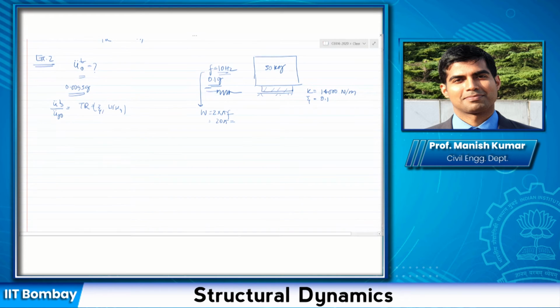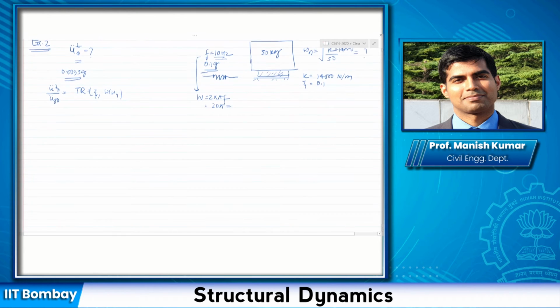Okay. Now, in this case, the natural frequency of the system would be the square root of k, which is this here, divided by m, which is 50 kg. You can calculate what this value is.